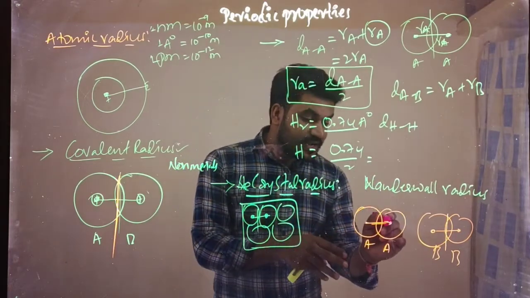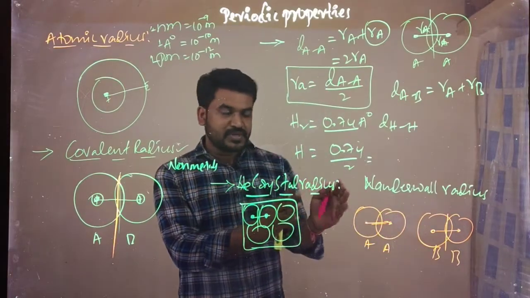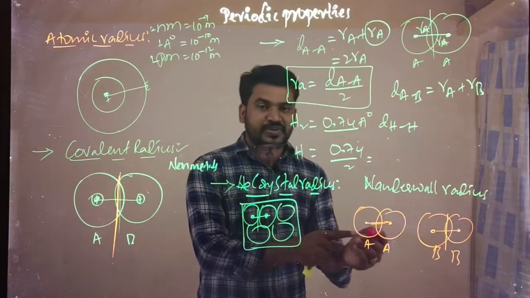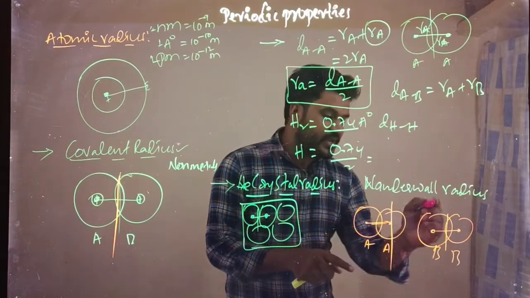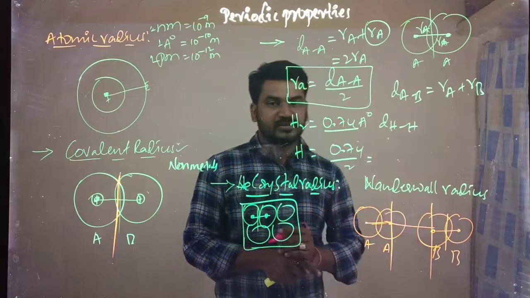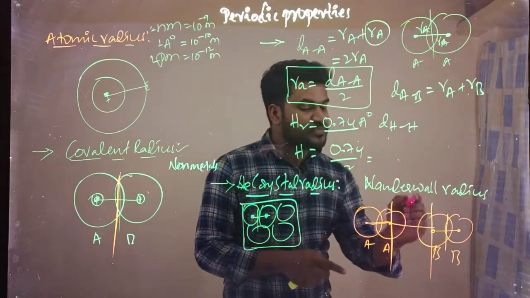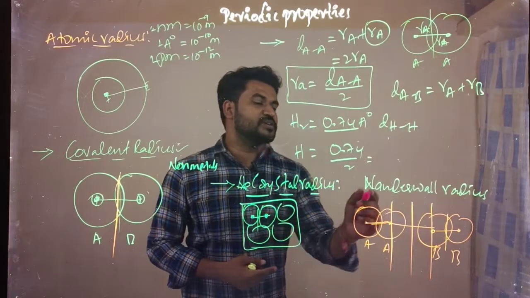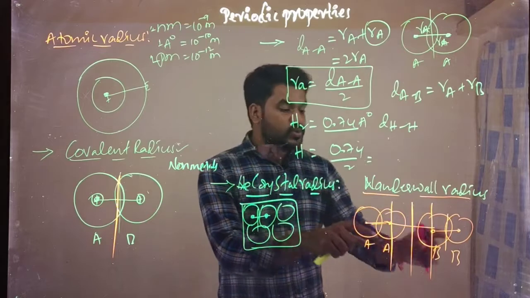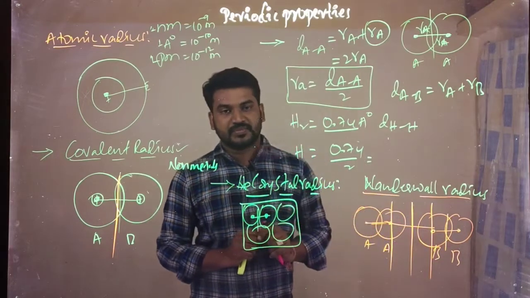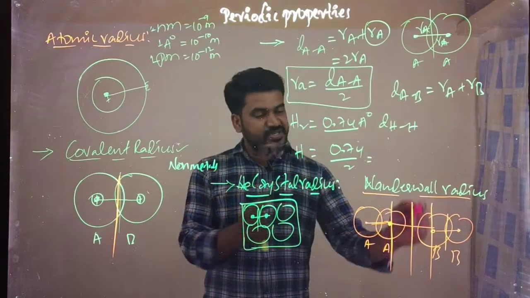If you take the attraction between these two, some attraction is there, right? So the distance between these two atoms, the A atom and the B atom, we call the total distance, and if you take half of it, we call it the van der Waals radius. That is the distance between the two non-bonded atoms. A is a different atom, B is a different atom.